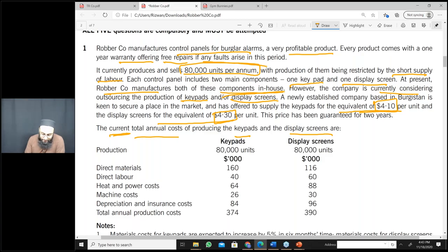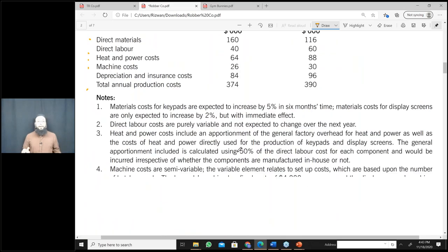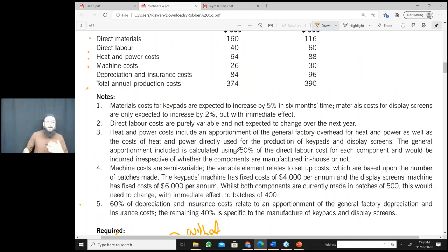So 80,000 units cost is given for both direct material, labor, heat and power, machine depreciation, total insurance, total production cost. And there are certain notes given. So I'll start my solution and side by side I'll start reading the notes here.